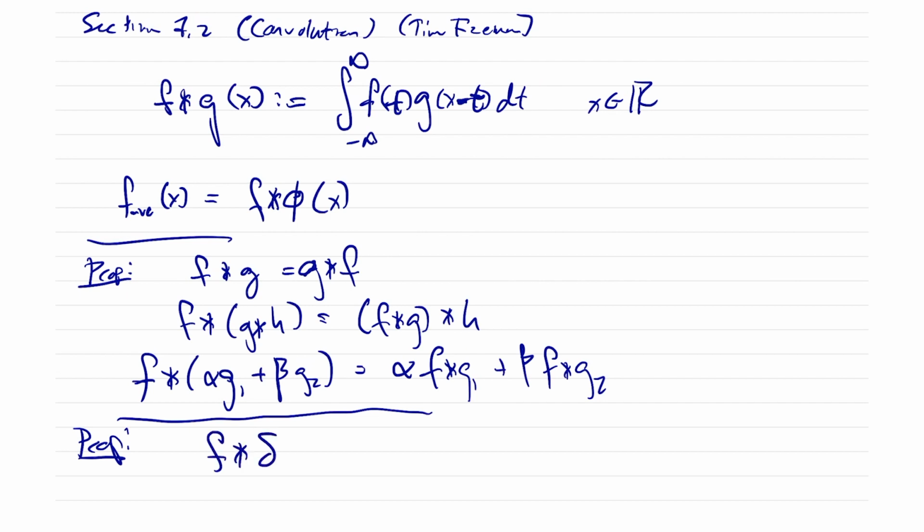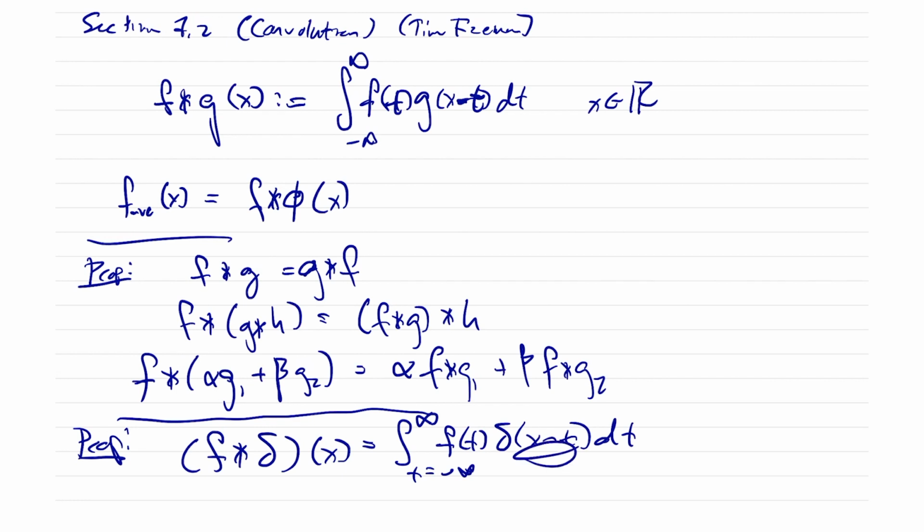So if we take a look at the delta function, f convolved with the delta function at x is equal to the integral from t equals negative infinity to infinity of f of t times delta of x minus t dt. And remember, the delta function is the unit impulse, and so it is 0 outside of anything where this is not 0. So it's only non-zero when t is equal to x, and we consider having sort of this infinite spike at x, right?